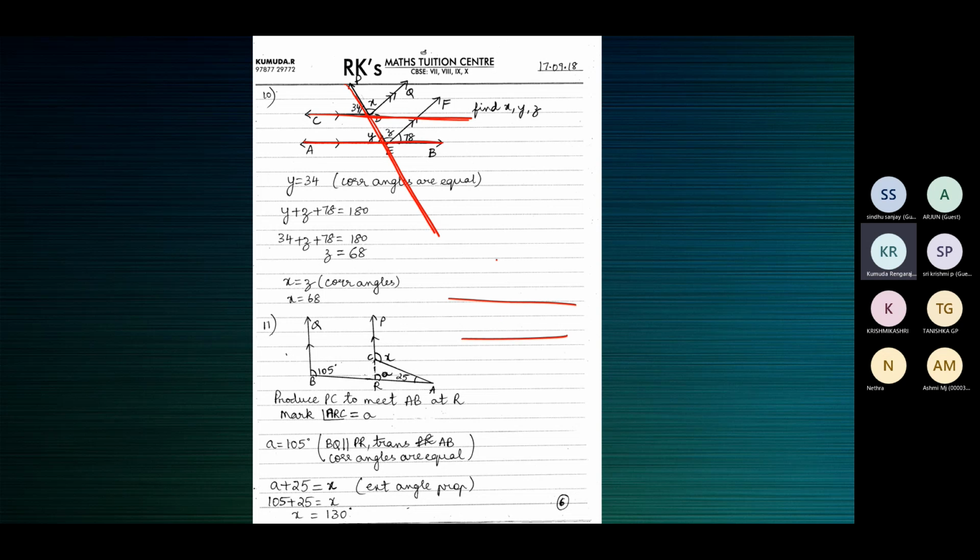See, parallel lines, transversal. You can see 34 is here, and y is here. So 34 and y are corresponding angles and they're equal. So y is equal to 34. If it's not very clear, use your scale and produce a transversal.